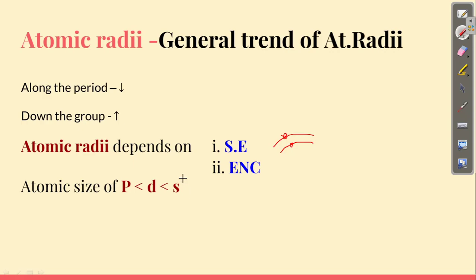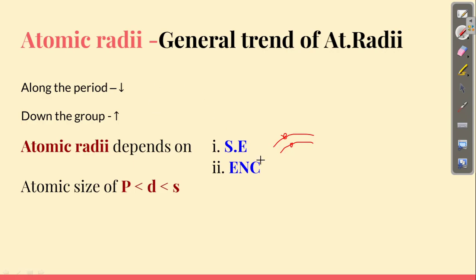Now, the general trend along the period. What happens to the atomic radii? It decreases. This we all know, because the electrons enter the same orbit and there is an increase in the nuclear charge, which makes the effective nuclear charge more, and hence there is a decrease in the atomic radii along the period.